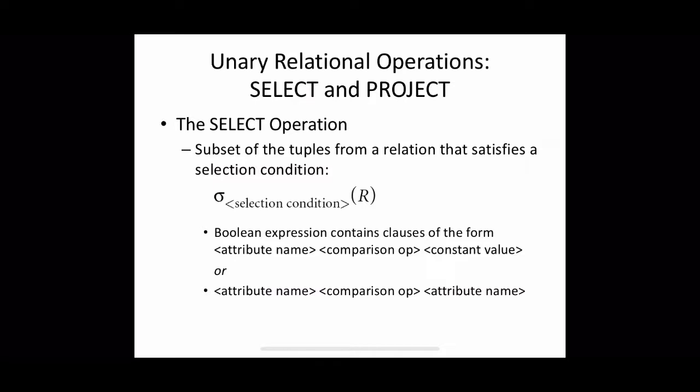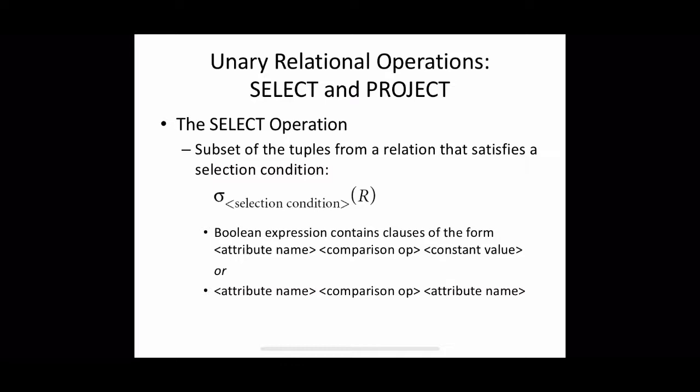First, let us think about unary operations. A unary operation, as you know, works on a single relation, whereas a binary operation works on two different relations. The first unary operation is the select operation. The select operation is used to select a subset of tuples from a relation that satisfies a certain selection condition.